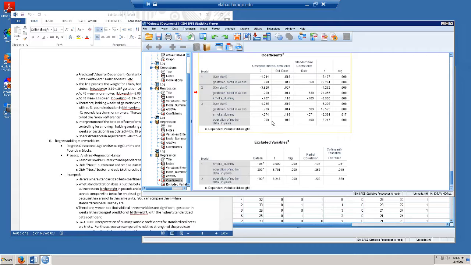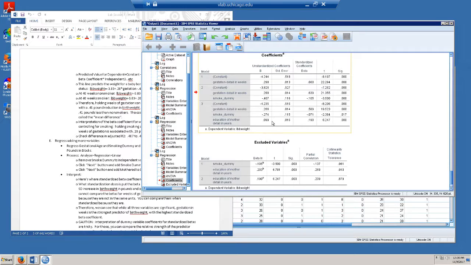But to try and use that standard deviation interpretation on a dummy variable doesn't actually make sense, because there is no standard deviation increase in smoking. You're just either a smoker or you're not.